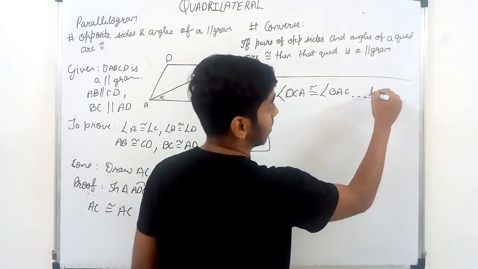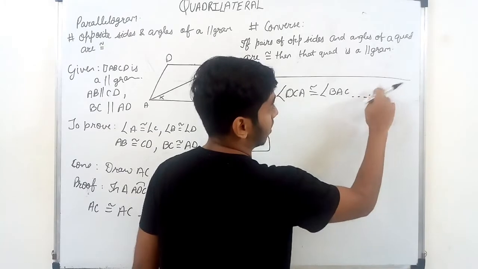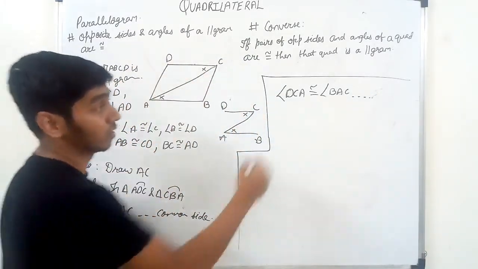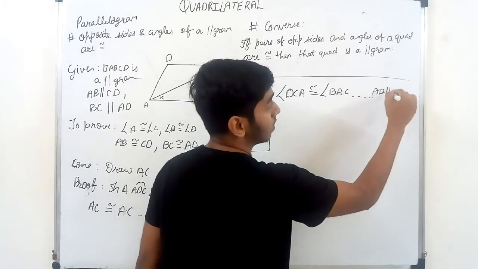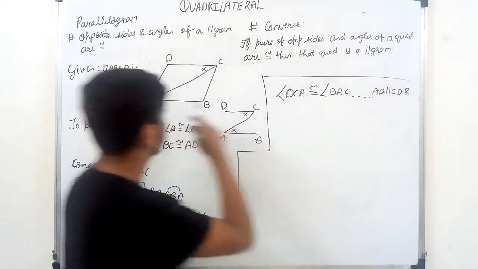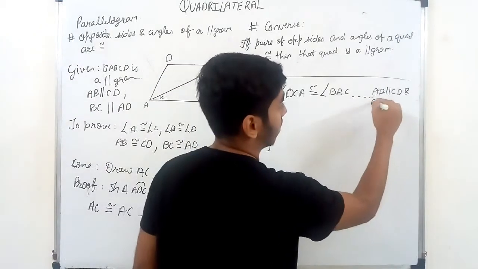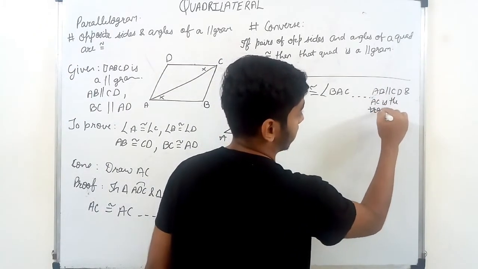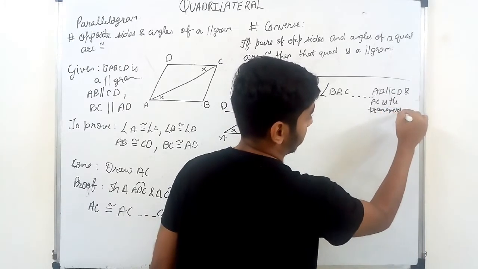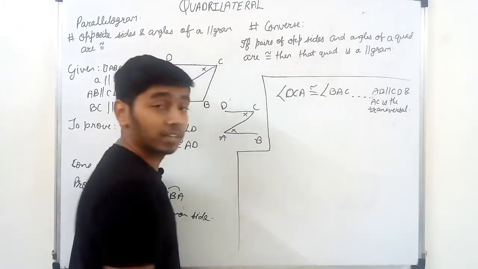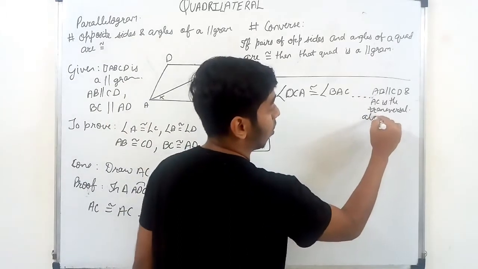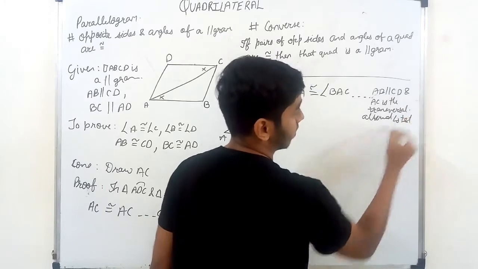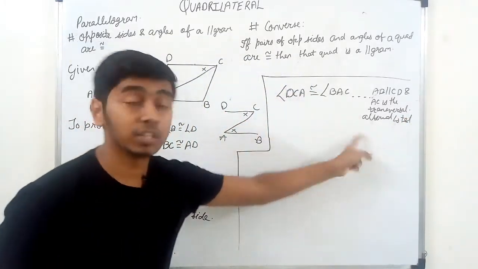The reason is the alternate angles test: AB is parallel to CD and AC is the transversal. I hope you have understood this.